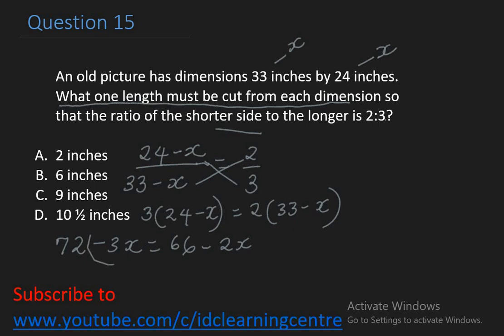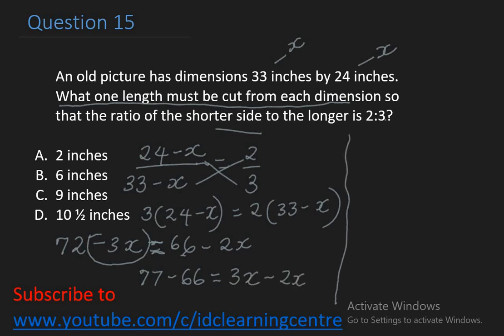This minus 3X, I'll move to the right side and move 66 to the left. 66 crossing this equal to sign changes to a negative number, that's minus 66, equal to minus 3X crossing the equal to sign, it will be 3X minus 2X.